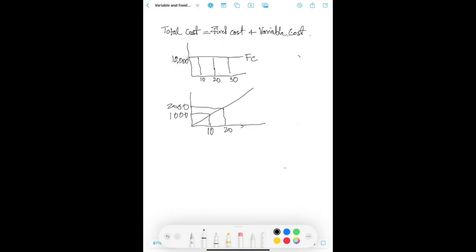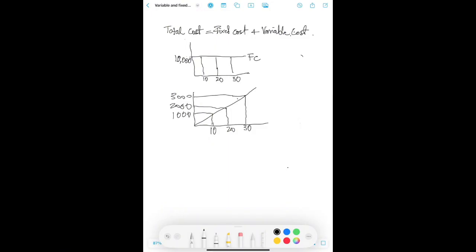You produce 30, the cost also increases to 3,000. This axis is for quantity and cost. So as the quantity increases, the cost increases.